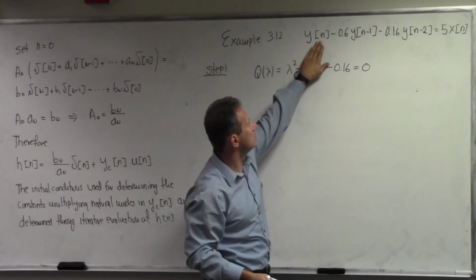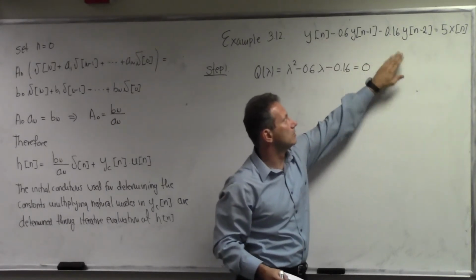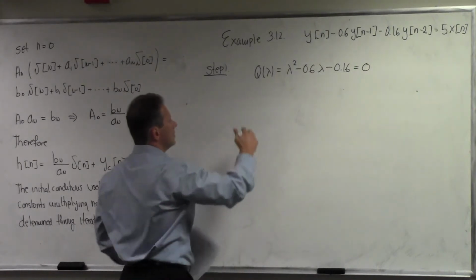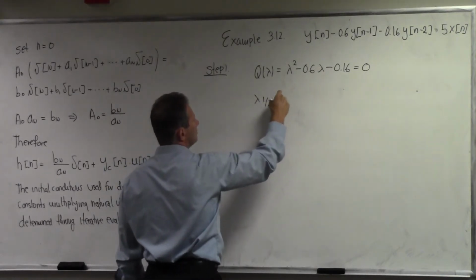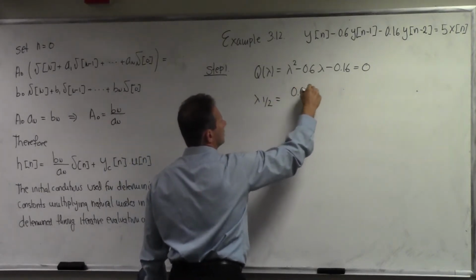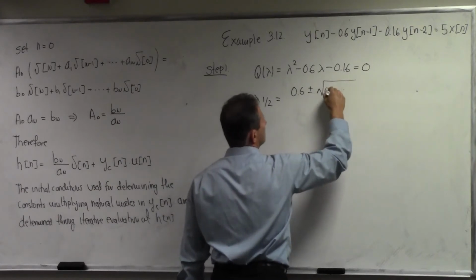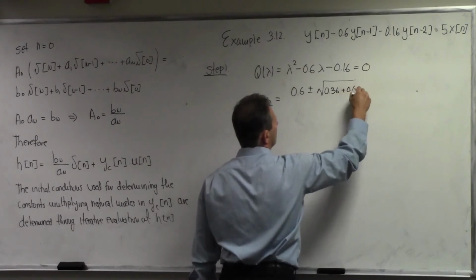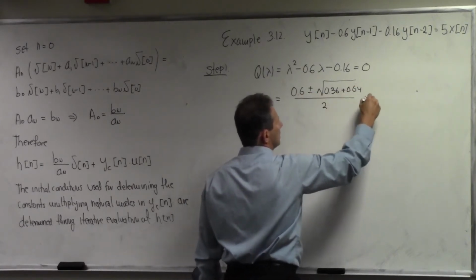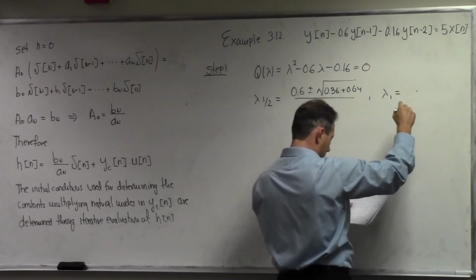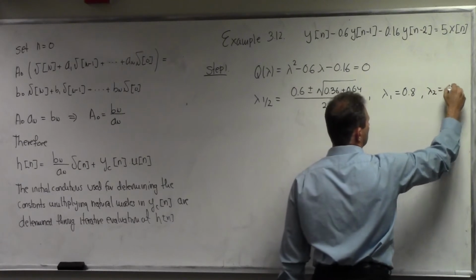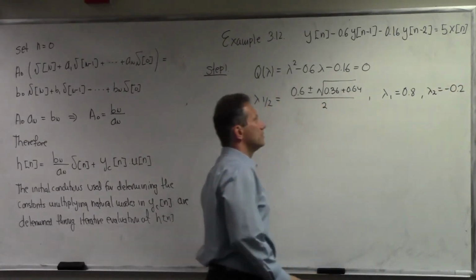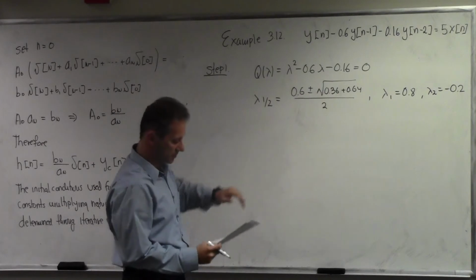This goes with the second, third, and then 0th over here. Now we solve this for roots, and this is going to be 0.6 plus minus square root of 0.36 plus 0.64 over 2. So I get lambda 1 equal to 0.8, and lambda 2 is equal to minus 0.2. So those are my two roots of the characteristic equation.